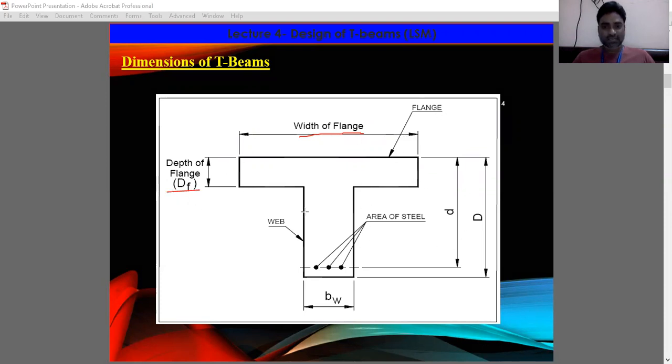This is the effective depth of the T beam, that is, the distance from the extreme compression fiber to the center of the tension reinforcement. This is the overall depth of the beam, and bw is the width of the web. These are the dimensions of the T beam.